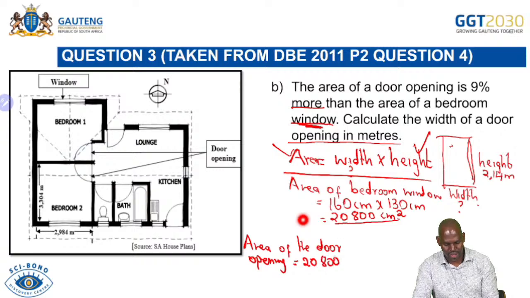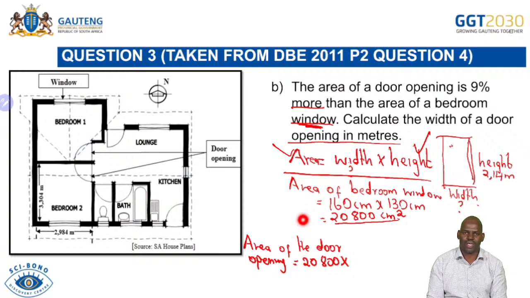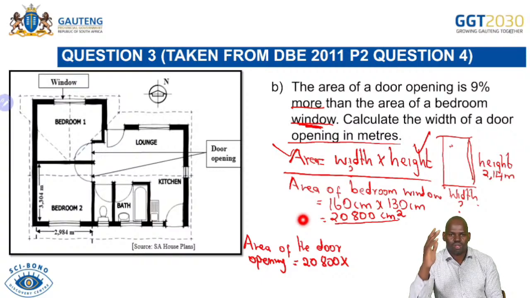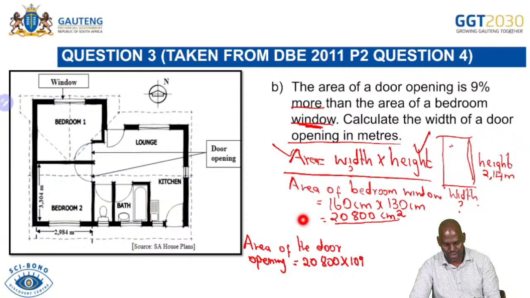it's 20,800. Then we multiply by, now we want to increase it by 9%. If we want to increase it by 9%, there's more than one way of doing it. Some will first calculate 9%, get the answer, and then add. Some can say out of 100%, we say plus 9, so we multiply by 109%, so 109 over 100.